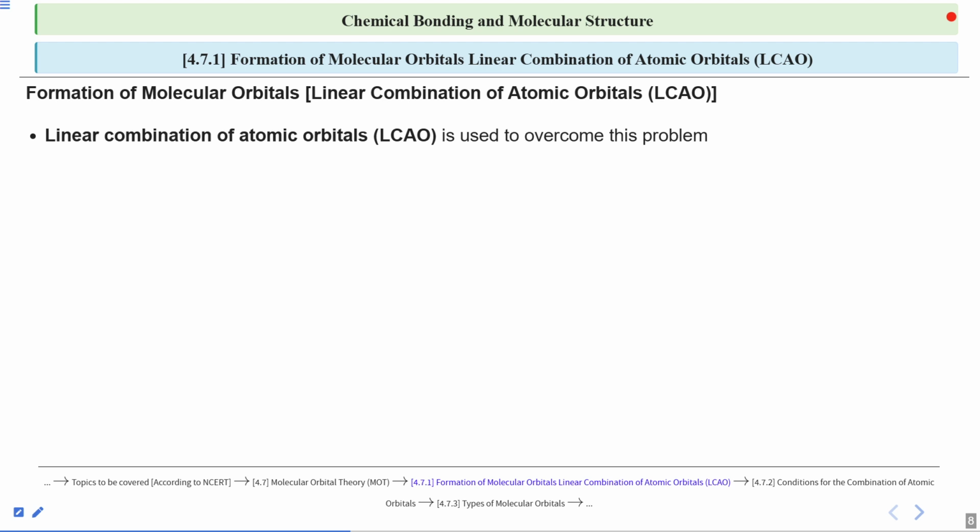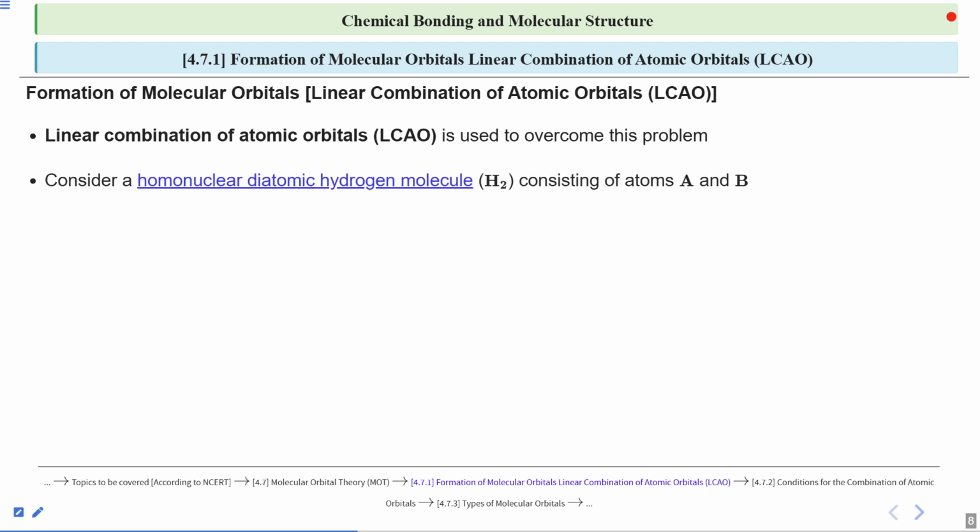This was mainly brought into the picture of molecular orbital to solve the problem of solving the multi-electron system Schrodinger equation. And what it says is that you can think of combining the atomic orbitals in a very simple manner.